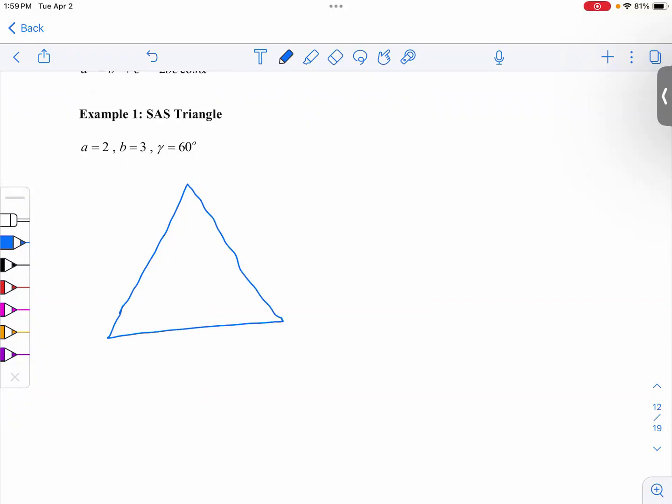All right, so A is 2, B is 3, and 60 degrees between them. Now I always start with law of sines because even though law of cosines is not hard to remember, law of sines is super easy to remember. So when I do law of sines here, sine of 60 degrees all over the missing side C equals sine of alpha all over 2.